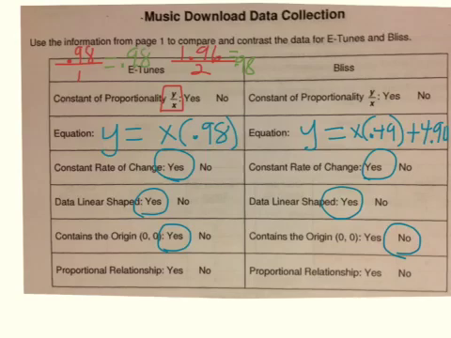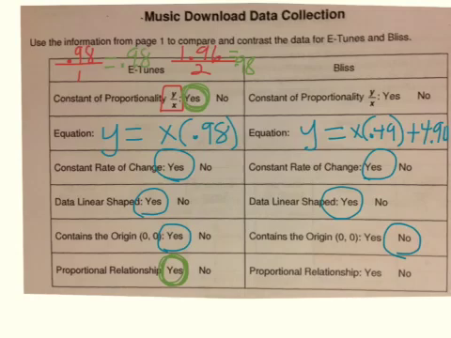If you get the same thing, 0.98, that means yes, there is a constant of proportionality. If there's a constant of proportionality, then there is also a proportional relationship. So I would also circle yes on that.